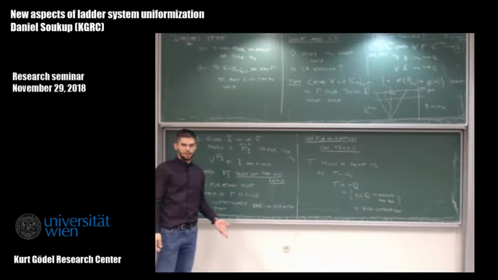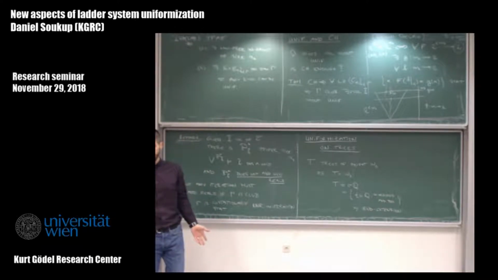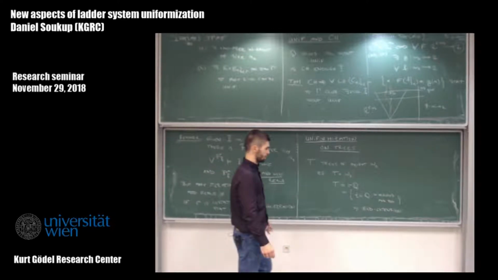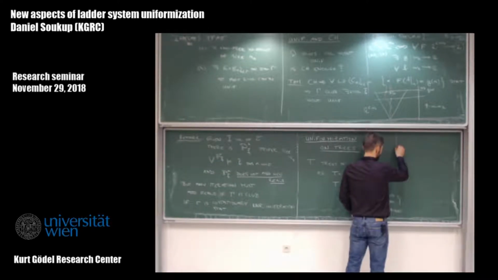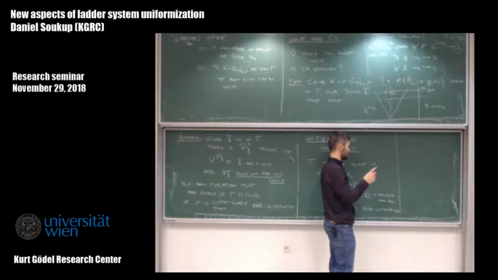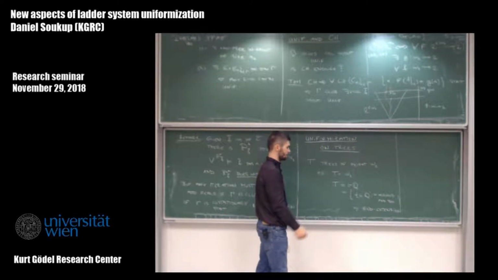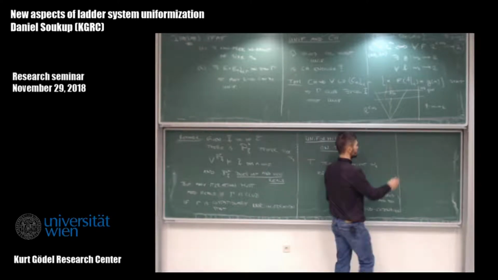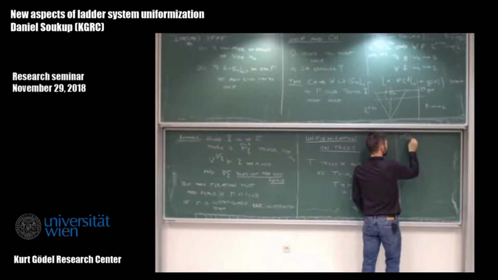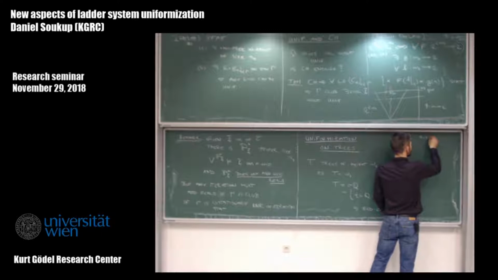So this is a tree of size continuum. It splits to countably many nodes at every place. Size 2 to the aleph 0.